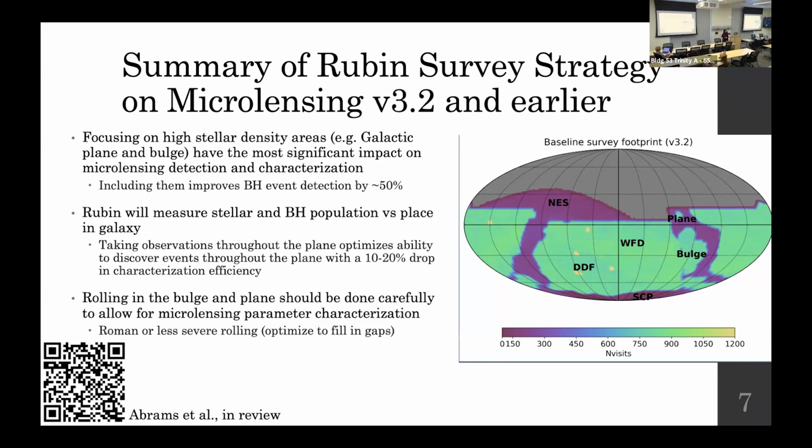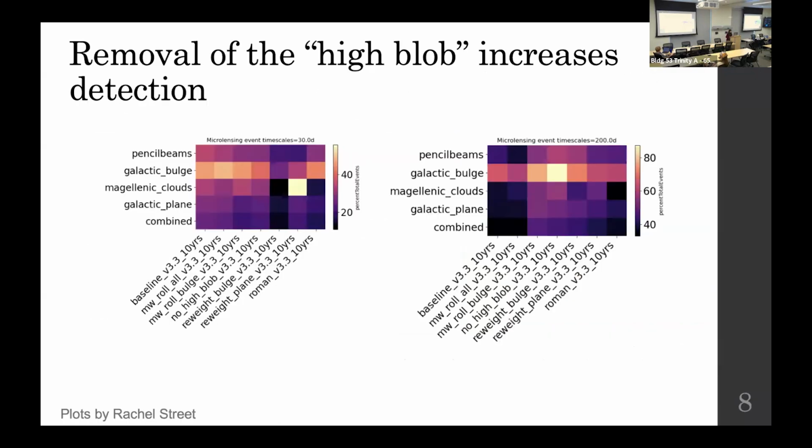I'll talk in a bit more detail about some of the synergies with Roman, potentially some very light rolling, or in general severe rolling, to optimize so that we don't have too many large gaps for the microlensing events.